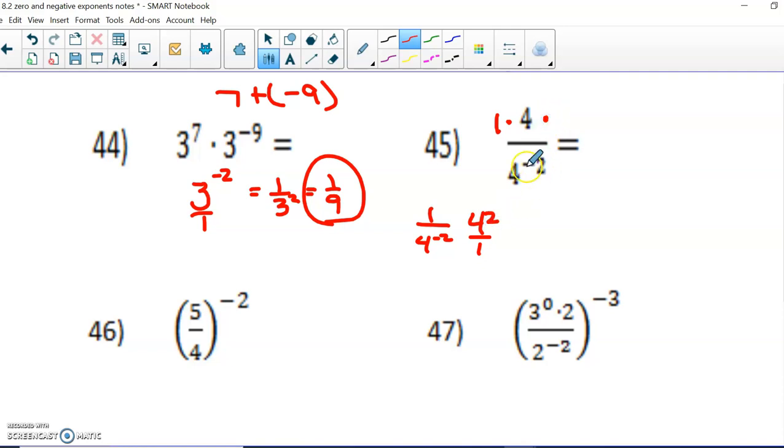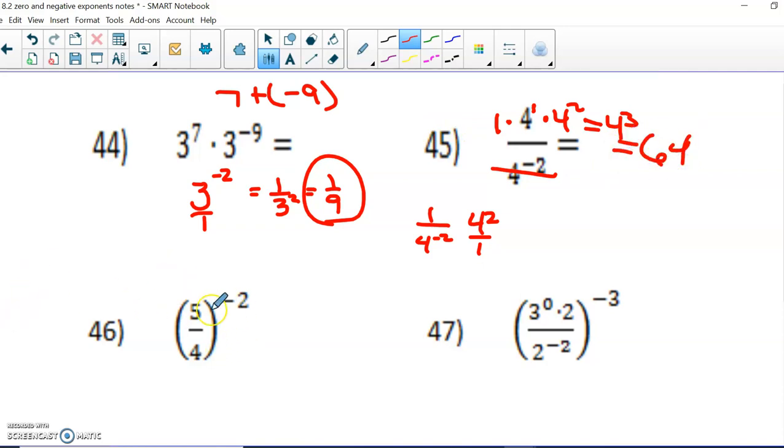So we got rid of that negative by moving it to the top, taking the reciprocal. So now on the top, I have 4 times 4 to the 2nd power, which we know means 4 to the 3rd power, because we add those exponents together. 1 plus 2 gives us 3. And 4 to the 3rd power, or cubed, is 64.